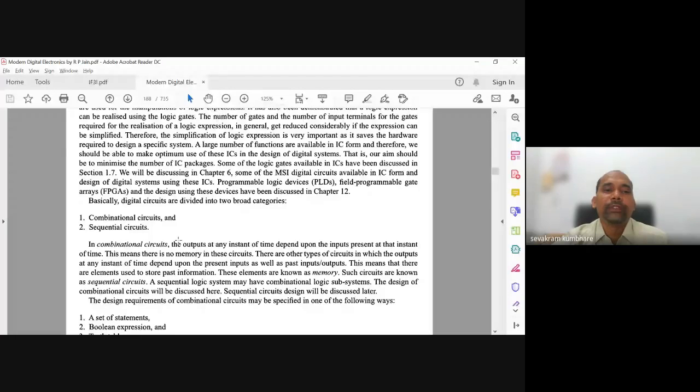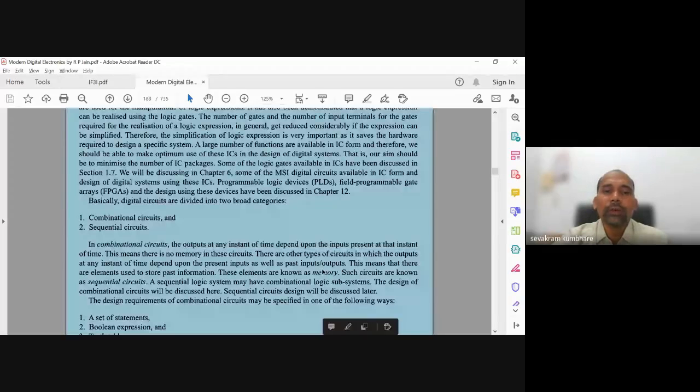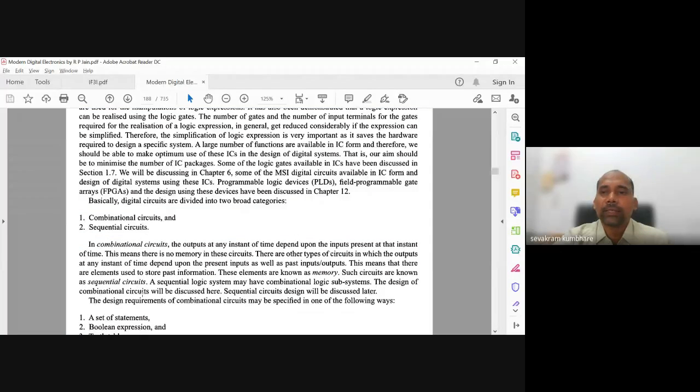The difference is that in a combinational circuit the output at any instant depends upon the present input at that time, whereas in a sequential circuit the output depends on the present as well as past inputs.